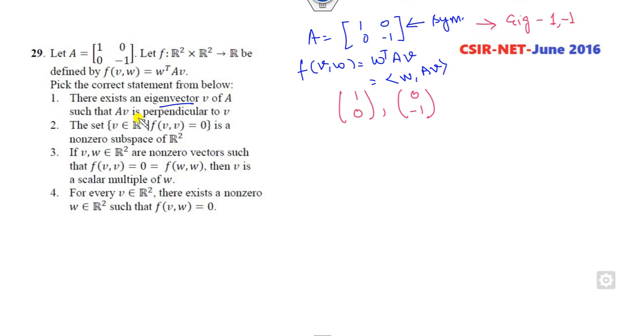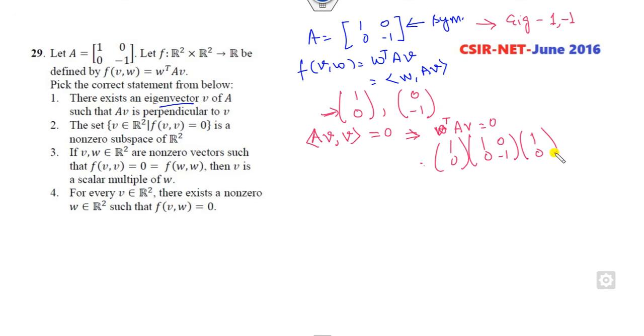So we will check whether they are perpendicular. So this must be 0. Or you can say W transpose, that is V transpose A V, must be 0. So if I take 1, 0, A is my 1, 0, 0, minus 1, and this is 1 comma 0, check whether this will be 0 or not.